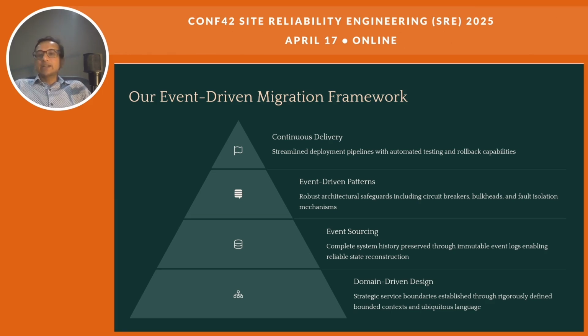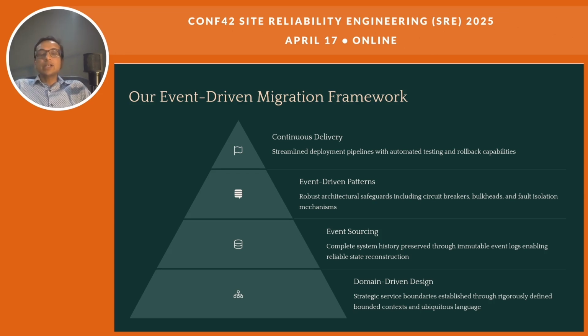Architectural safeguards like the circuit breaker pattern prevent cascading failures by isolating problematic services, while bulkheads compartmentalize workloads to protect critical resources. Additionally, fault isolation mechanisms ensure failure in one microservice doesn't impact others, maintaining overall system stability. These patterns not only enhance resilience, but also align with SRE principles of reliability, fault tolerance, and proactive problem mitigation.